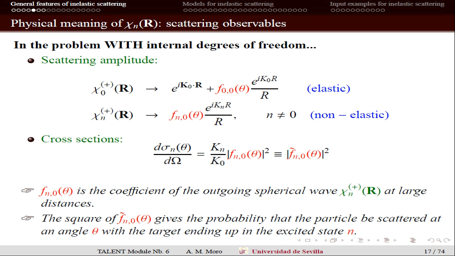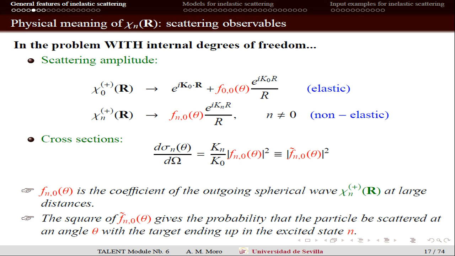So we have been forced to generalize the concept of scattering amplitude. So now we have a sort of matrix. We start from a given state, and we end up in the same or a different state. But besides that, everything is the same. So, for example, the differential cross-section for the population of the state n will be this fn0.